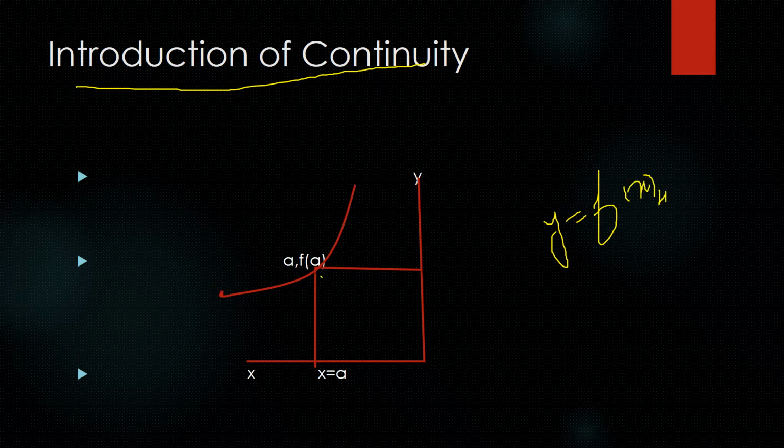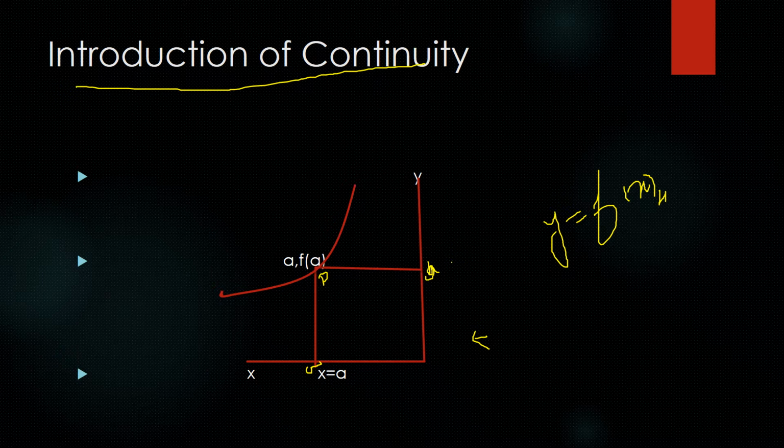Here is point P, and we name it A, or whatever you want to say, it's totally up to you. In this curve, y equals f(x), we see that the point P has the x coordinate a and the y coordinate f(a).